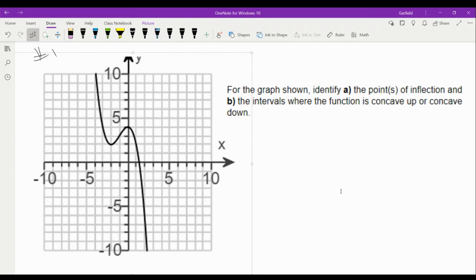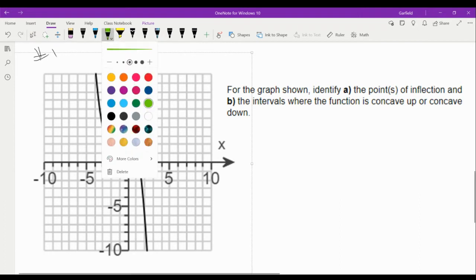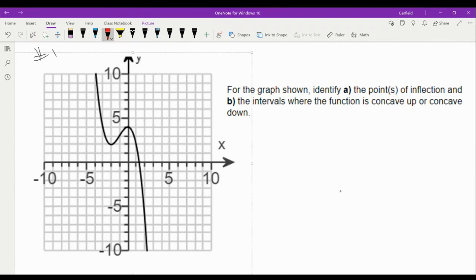So Myrta, you're saying this point here, that's a point of inflection? Maybe. Now 0, 4 is definitely a relative max, right?